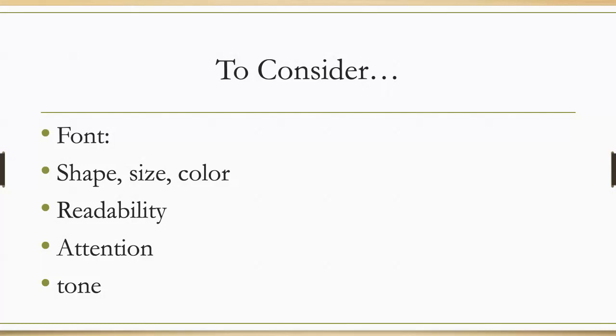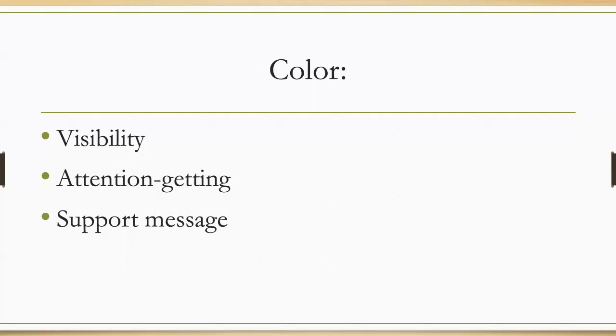And then also think about the tone that your color suggests, because that's something that has an enormous impact kind of psychologically as well. Not only does the color and the contrast create the visibility and the attention you want, but it can also support the message that you're trying to send.